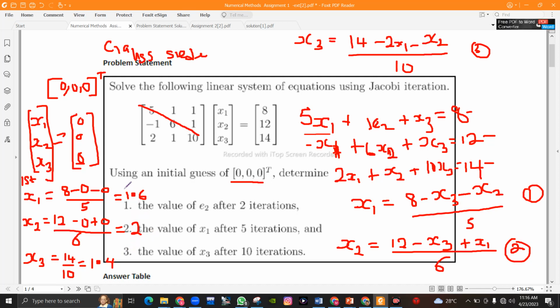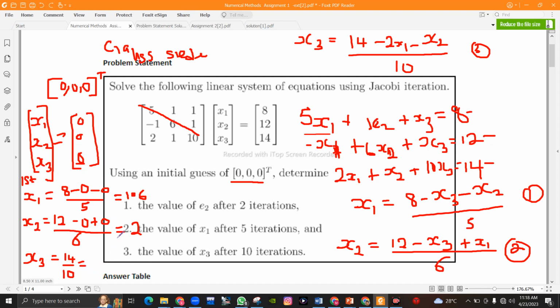So these are our new guesses for x1, x2, and x3. This is what we're going to use in the second iteration. So these are our new values that we use.